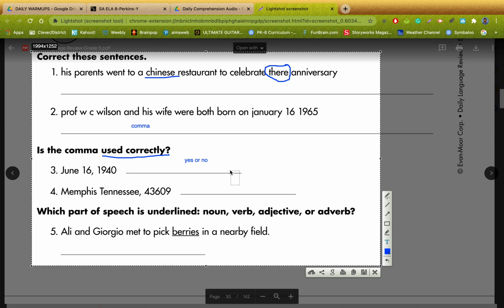And number 5, it says which part of speech is underlined? The noun, verb, adjective, or adverb? Okay, so first of all, you've got to know what is a noun. A noun is a person, place, or thing, right? And we also throw in the word idea, like happiness, love, those things, okay? So that's what a noun is. Now a verb, what is a verb?